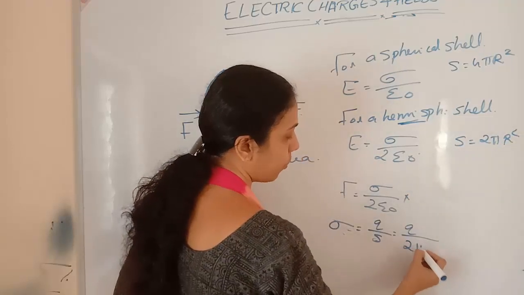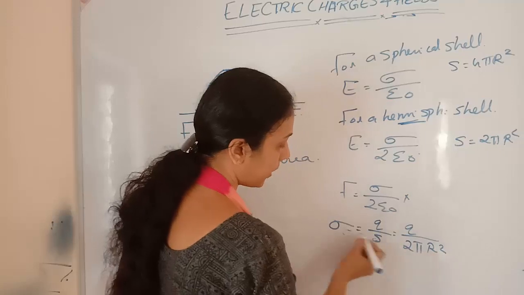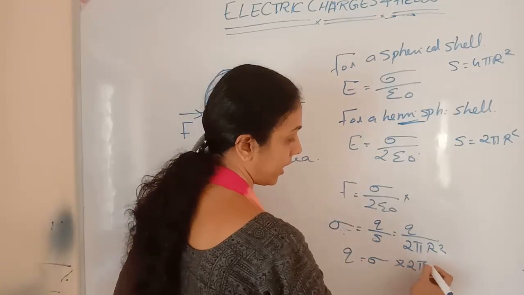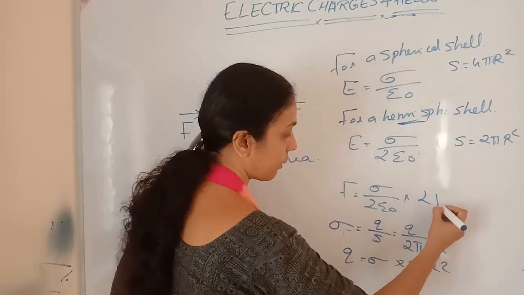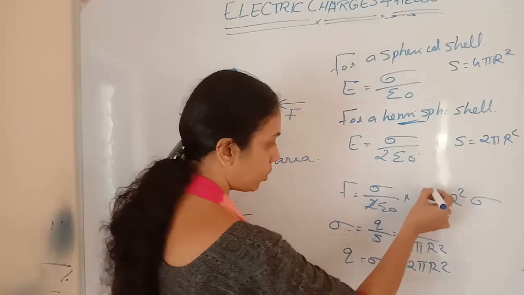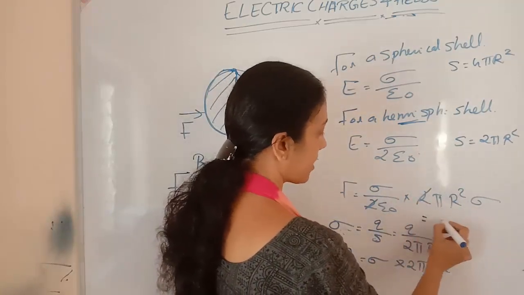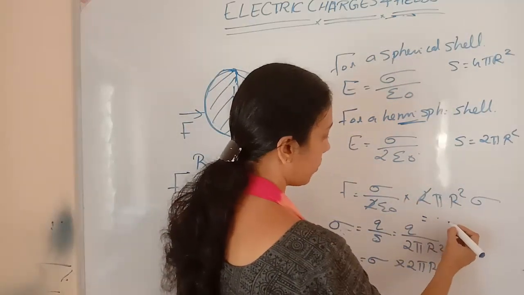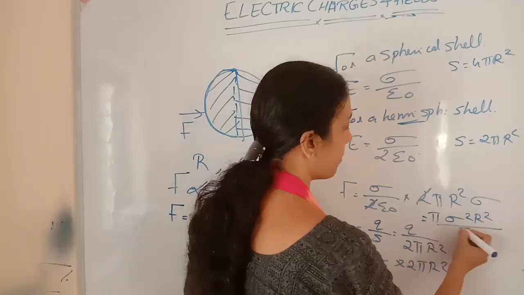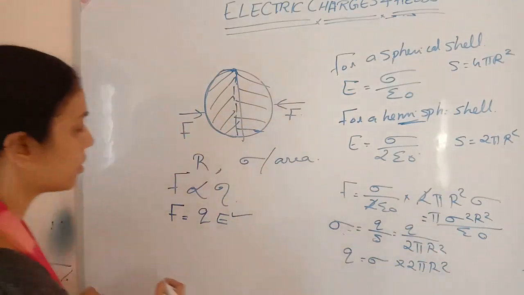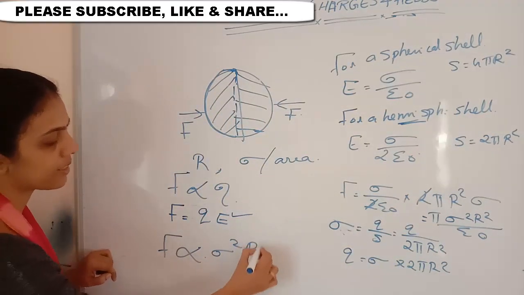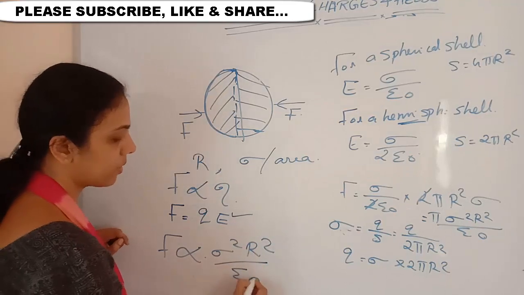So Q is sigma into 2 pi r square. So 2 and 2 get cancelled. F is equal to pi sigma square r square divided by epsilon 0. So force is proportional to sigma square r square by epsilon 0.